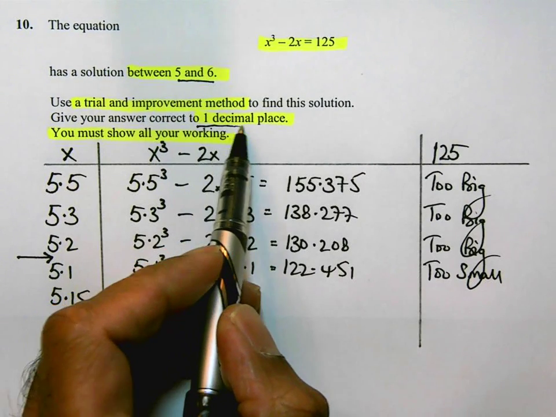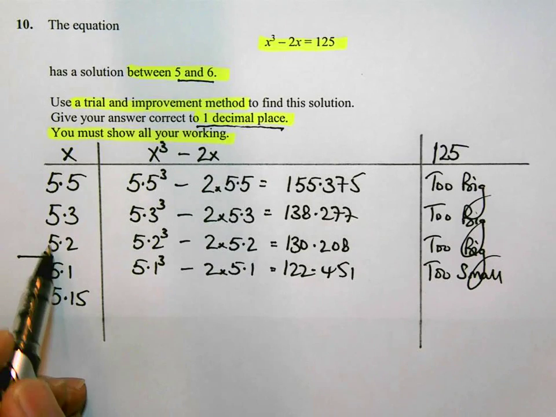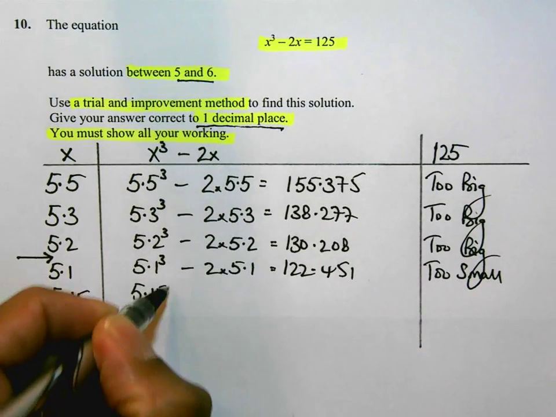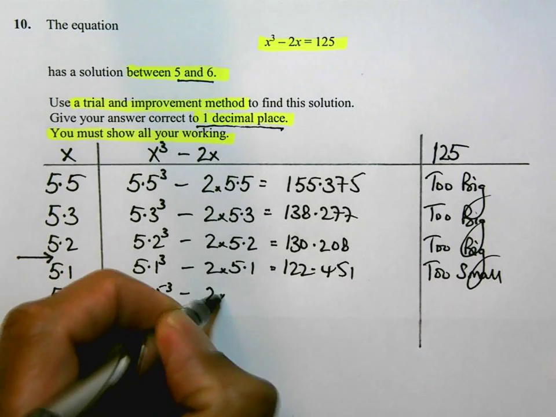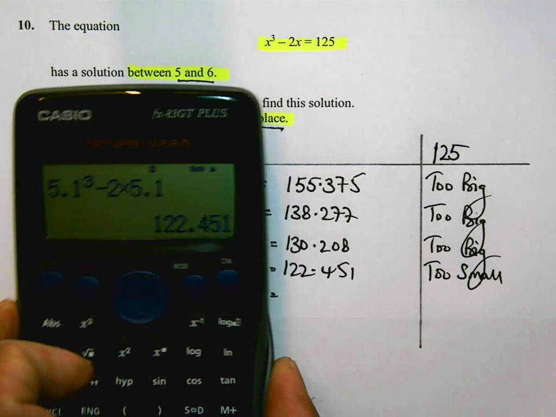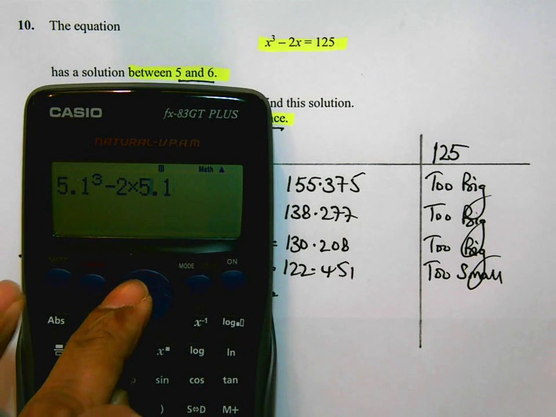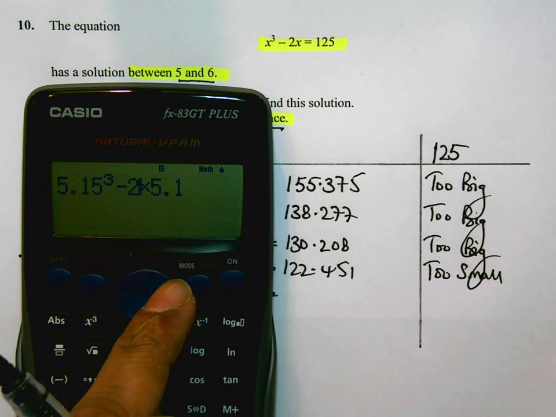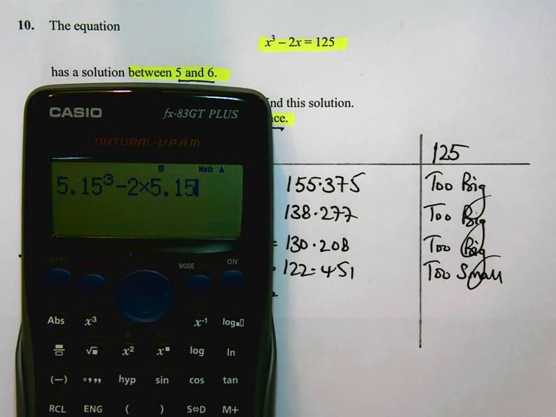Remember, the question said give the answer to one decimal place. So one of these two is going to be our answer. I'm going to try 5.15 cubed, take away 2 times 5.15, and let's see what our result is for that. Using the replay button again, I'm going to now insert a 5, so it becomes 5.15. Make sure you do that to both the values in there.